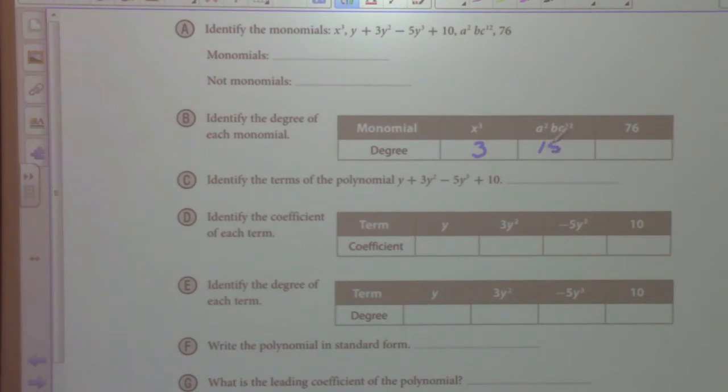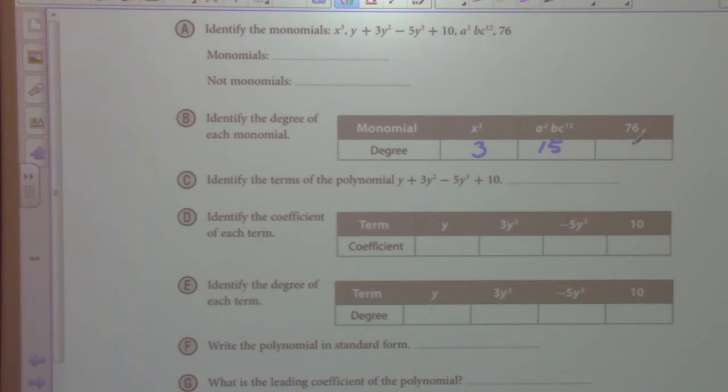And so you add up. Usually you're just going to have one variable in a place of a monomial, but you could possibly, like in this instance, have a squared times b to the first times c to the 12th, so 15 total. And then 76 is going to be a monomial of what degree? 1.